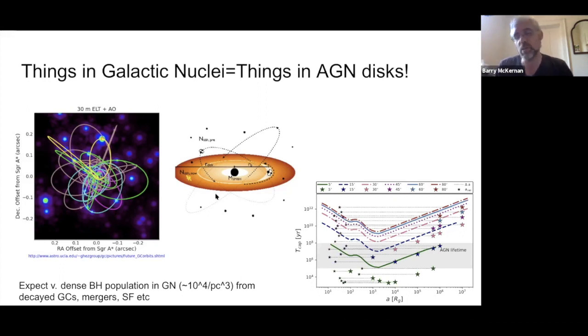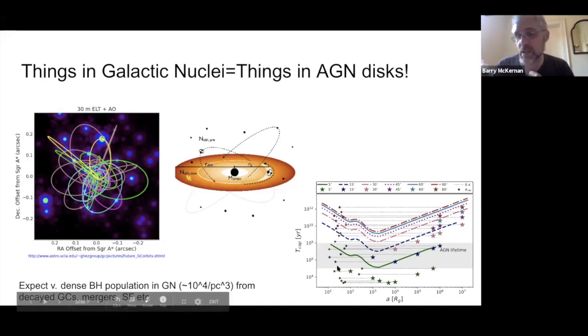And so you'd expect to end up with a population of objects embedded in an AGN gas disk, just because there are things in galactic nuclei. So again, there are objects in inclined orbits punching through the disk. Over time, some of those orbits are going to be captured. So you won't just have a population that are initially coincident. You'll also add to that population as orbits get ground down.